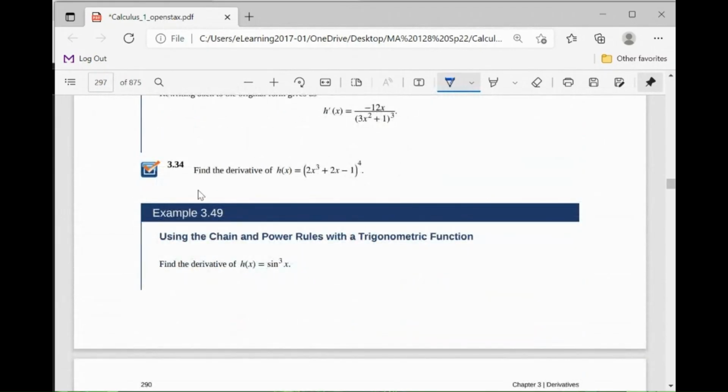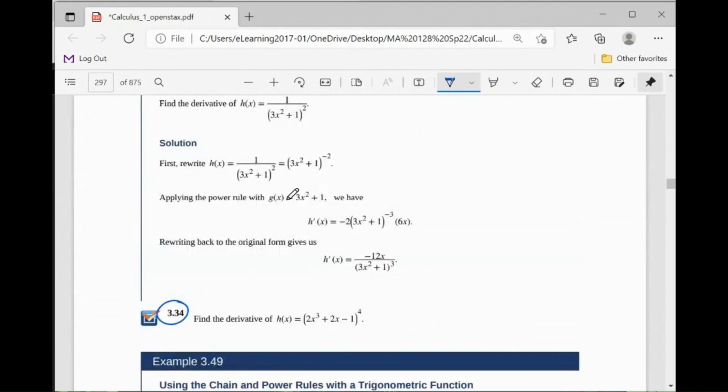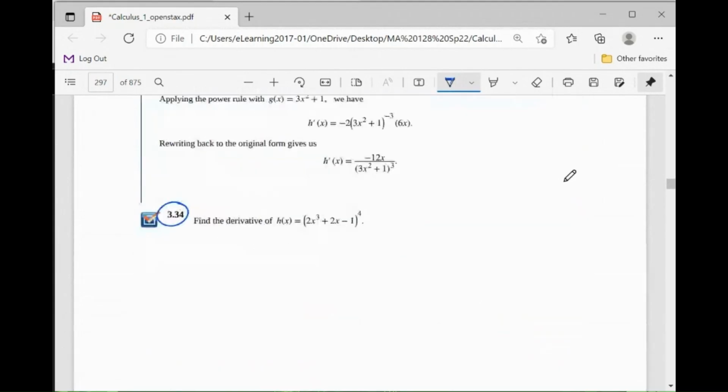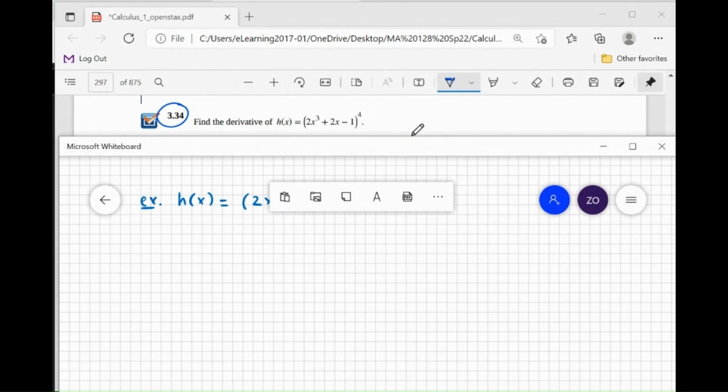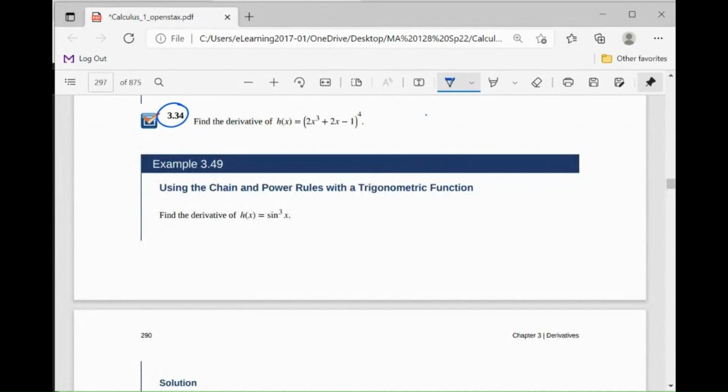Maybe we will just go over this problem. Okay, so let's do this problem and you can just go over the solved problem yourself. Okay, so h of x is a polynomial raised to some exponent.